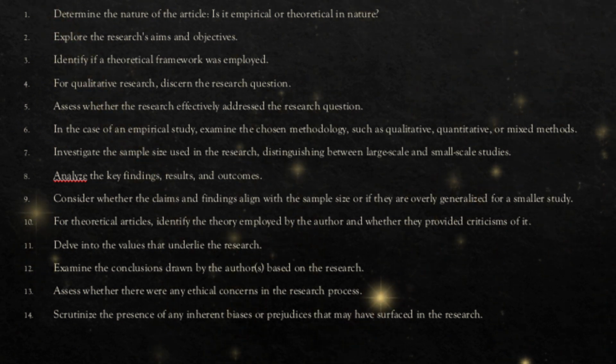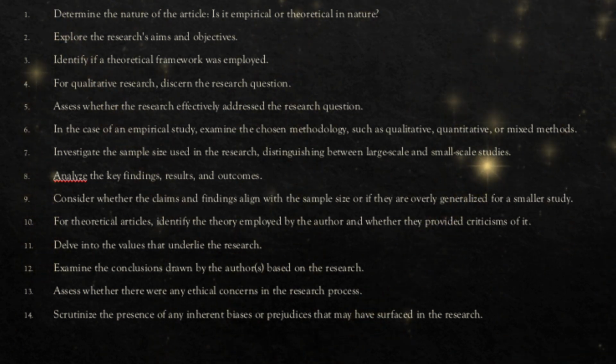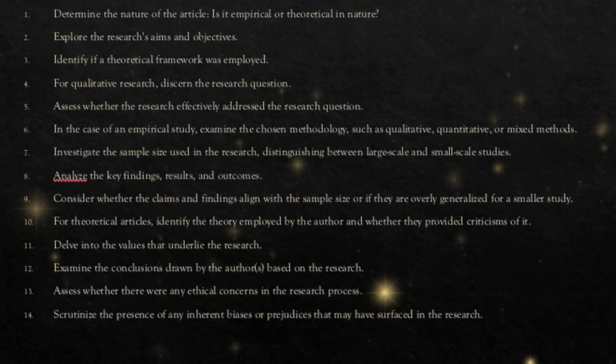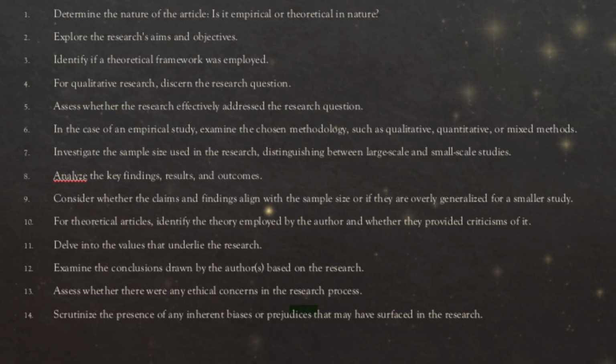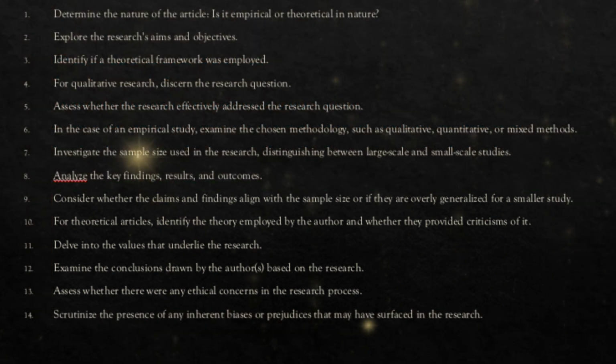Number eight, you're going to analyze the key findings, the results, and the outcomes. Number nine, consider whether the claims and findings align with the sample size, or if they were overly generalized. Number 10, for theoretical articles, identify the theory implied by the author and whether they provided criticisms of it. Number 11, delve into the values that underlie the research.